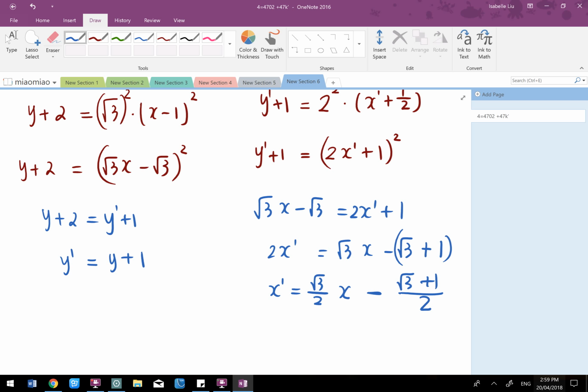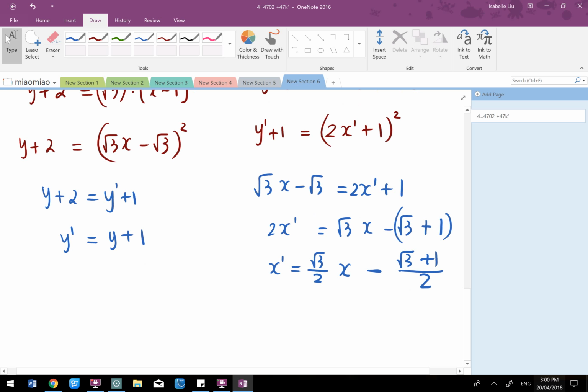I think it's 2.3 something, approximately 2.3 to 2.4 in that range. So you need to remember approximation values. So root 3 is 1.732 plus 1, 2.7 something, and divided by 2 is still 1 point something.